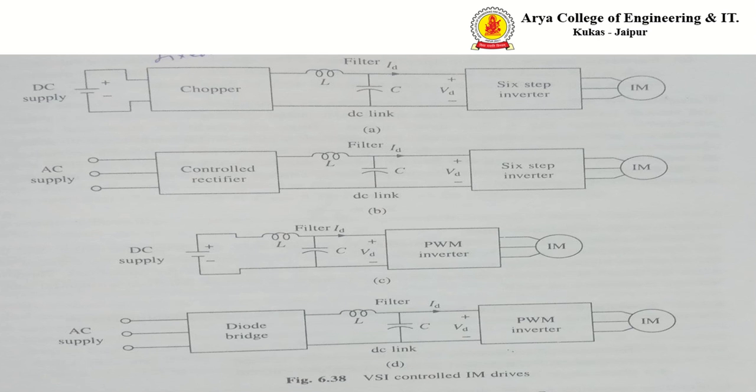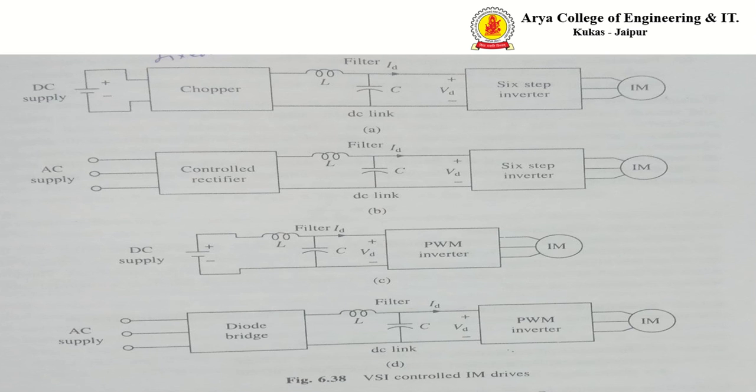These are basically three levels: low voltage level, medium voltage level, and high power level. At the low voltage level, usually MOSFET is used; at the medium voltage level, GTO; and at the high power level, IGCT is used. A voltage source inverter can be operated as a stepped wave inverter or a pulse width modulation inverter.